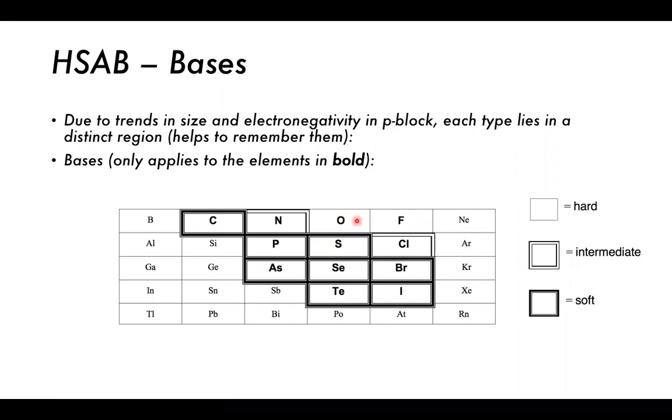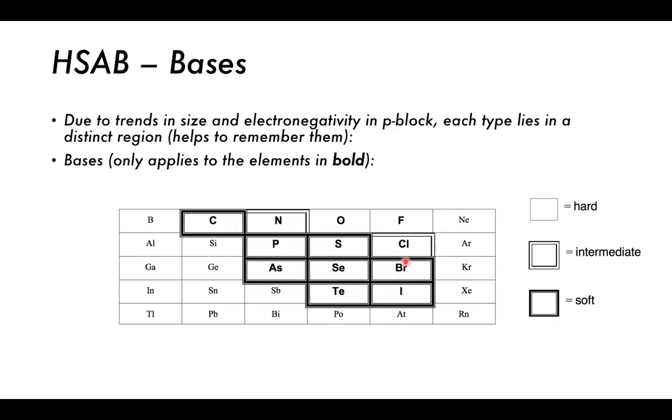So those with high electronegativity, such as oxygen and fluorine, they're typically hard bases. But those that are moving away from that center of high electronegativity typically reduce in hardness. So we have here nitrogen and chlorine, those are intermediate, a little bit less electronegative. And then the other ones here are soft. They are definitely not that electronegative.